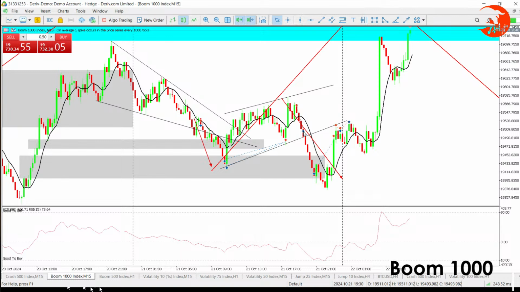I didn't want to risk it, but clearly you can see we had a breakout there. It came here, activated my other buy limit, went into money, and closed it out here.